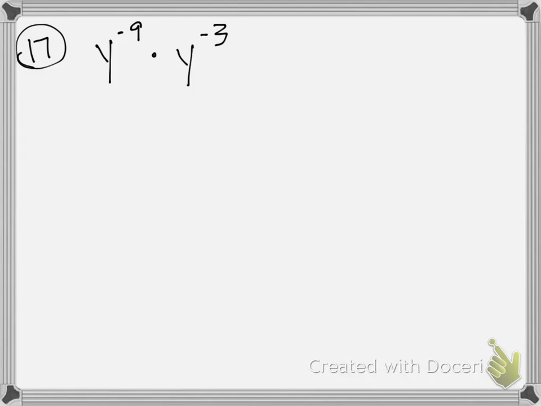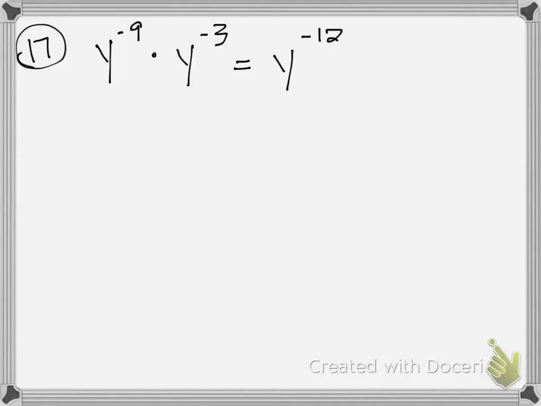And this problem is most similar to the top one, the very first one listed. a to the m times a to the n equals a to the m plus n. So in other words, when your bases are the same, we add our exponents. So negative 9 and negative 3 would be negative 12. So we use that first property.